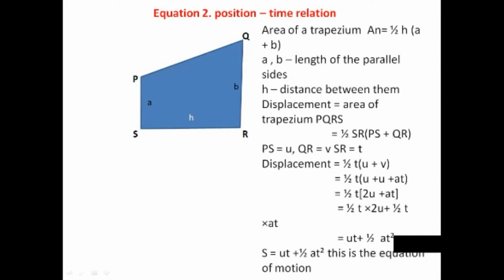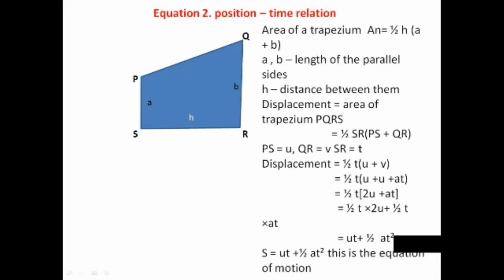Using some specific time and drawing a perpendicular from that time, we get a trapezium or quadrilateral.